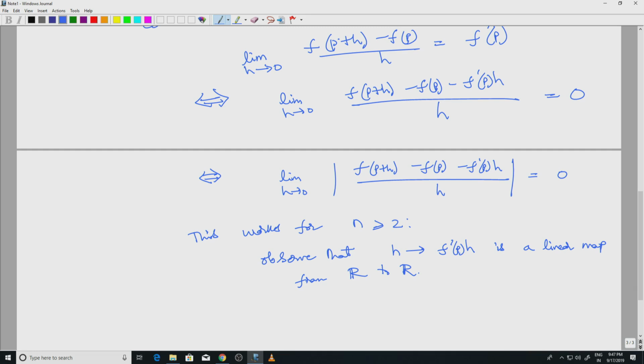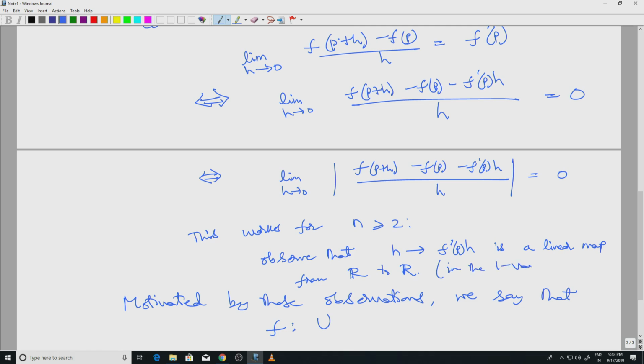So in higher dimensions, motivated by these observations, observe that h going to f prime p is a linear map from R to R. This is in the one variable case.